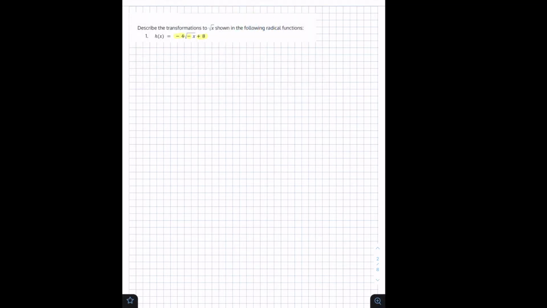So, the negative 4 out in front, this is technically 2 transformations, but what we just said before is that the a variable, which is what this is, is a vertical stretch or shrink. Since 4 is greater than 1, we know that this would be a stretch.